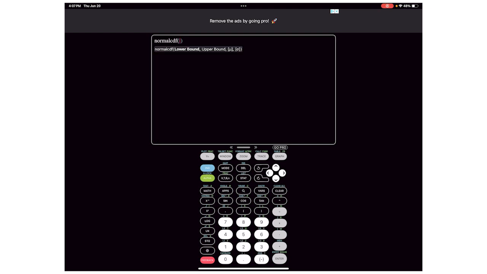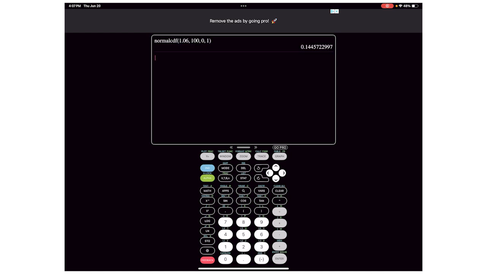For your lower bound, it would be the flag, which is 1.06, and then you're going to put a comma, and then your upper bound is just a really high z-score, so we can use like 100, and then the mean is 0, and the standard deviation is 1. And then hit enter, and then there is your answer.